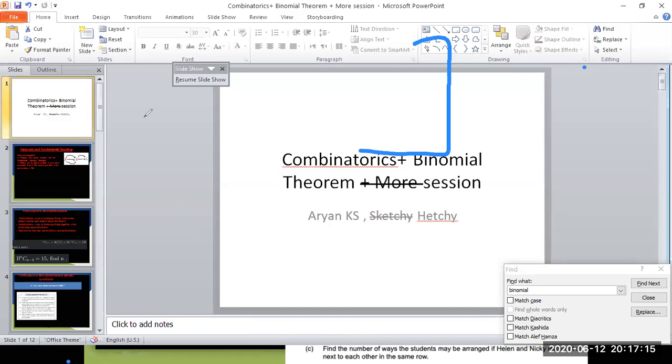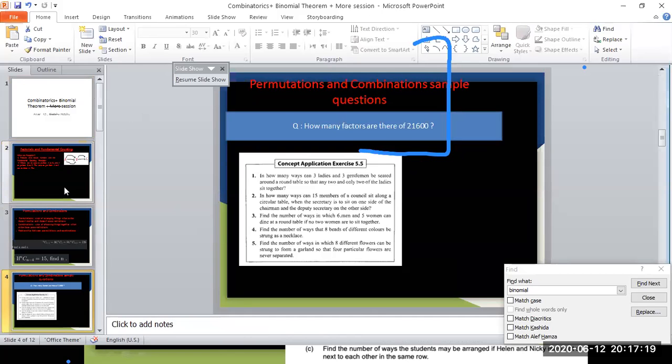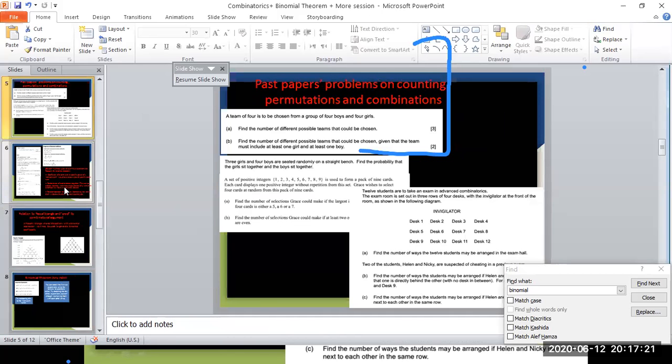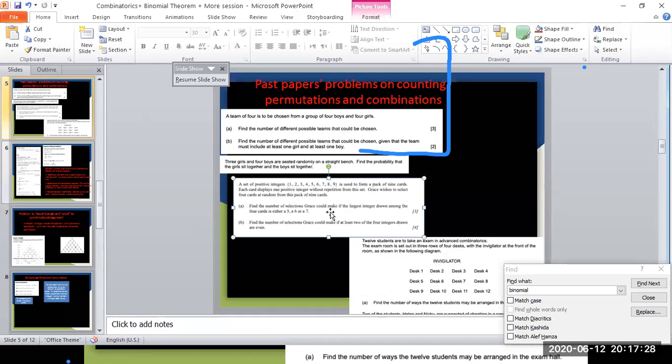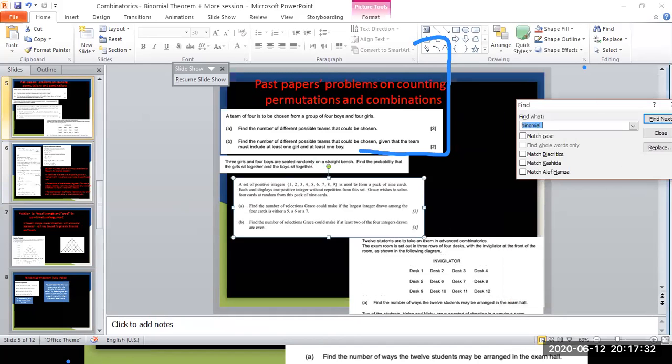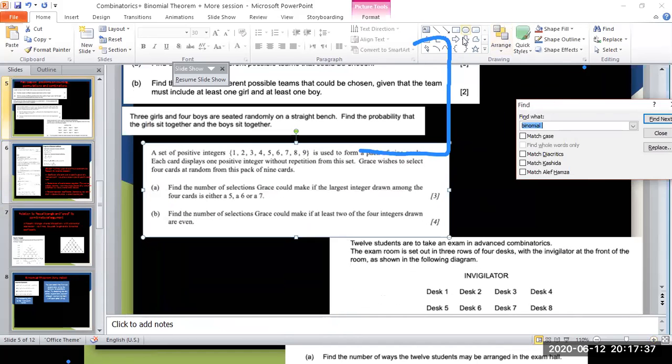Did not format this properly. Oh boy, we're not even halfway through. Okay, time to speed run this thing, if that's even possible.